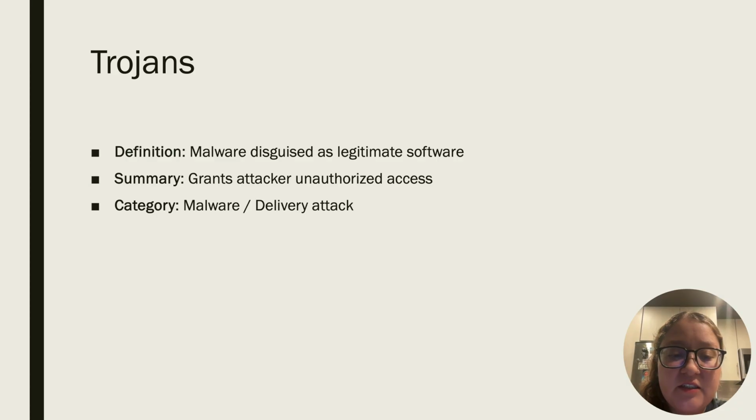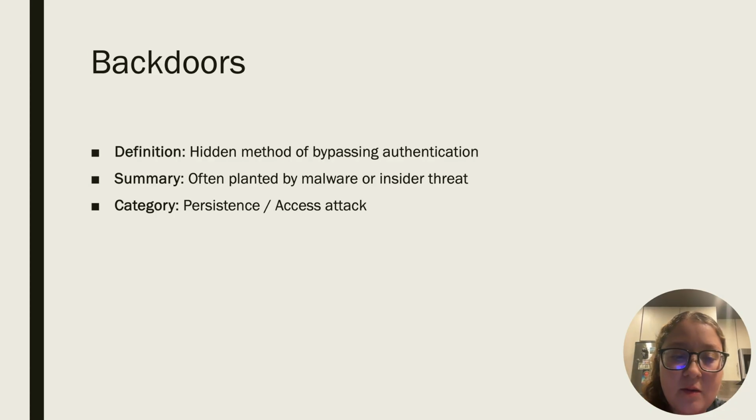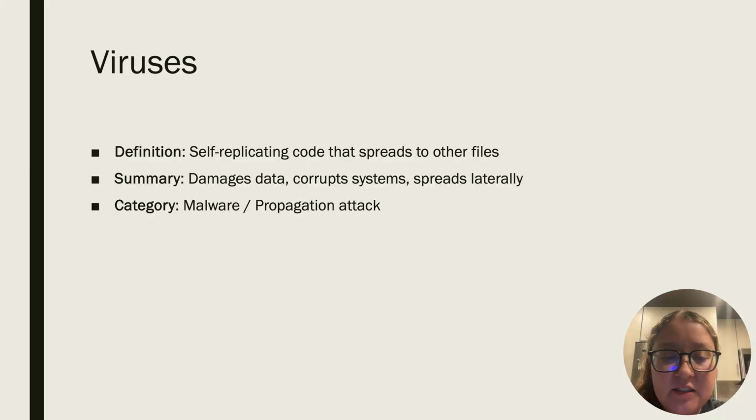Trojan's definition is malware disguised as legitimate software. It grants attackers unauthorized access, and the category is malware and delivery attack. Backdoors means a hidden method of bypassing authentication, often planted by malware or insider threat, and the category is persistence and access attack. Next we have viruses.